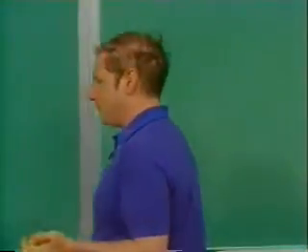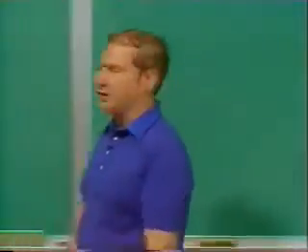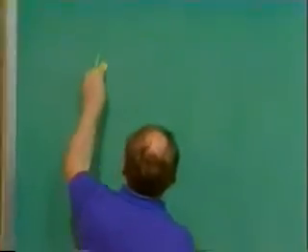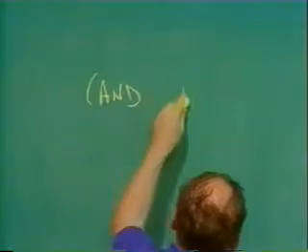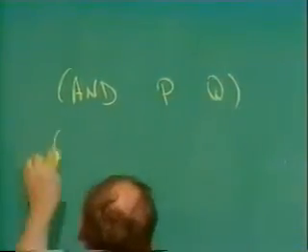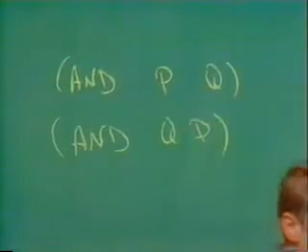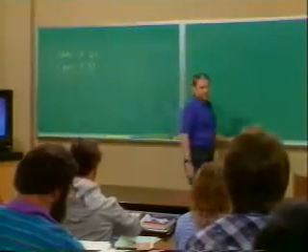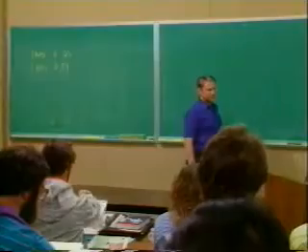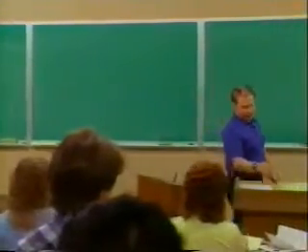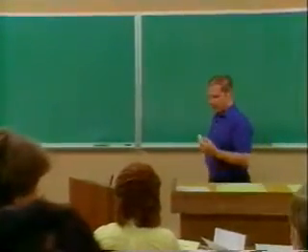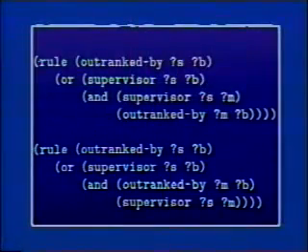Certainly, if we have two things in logic, it ought to be the case that and of P and Q is the same as and of Q and P, and that or of P and Q is the same as or of Q and P. But let's look here. Here's an example. Let's talk about somebody outranking somebody else in our little database organization.